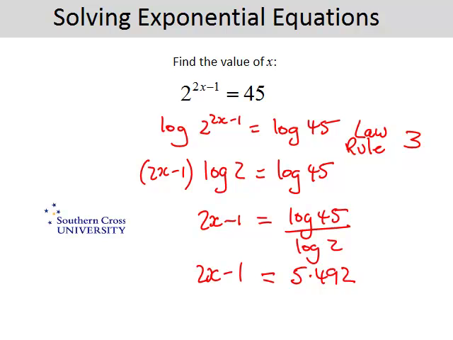This is just a simple linear equation now. So we'll add 1 to both sides, so we get 2x on the left-hand side is equal to 6.492 on the right-hand side. To get x on its own, the opposite of multiplying by 2 is dividing by 2, and that will give us 3.246.